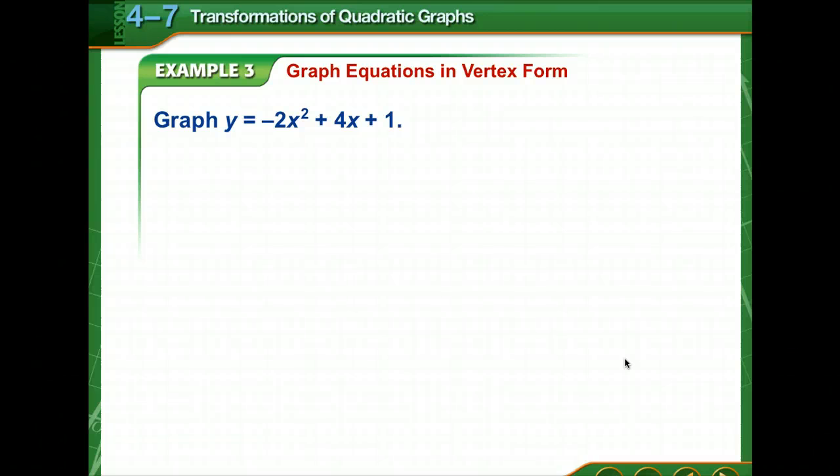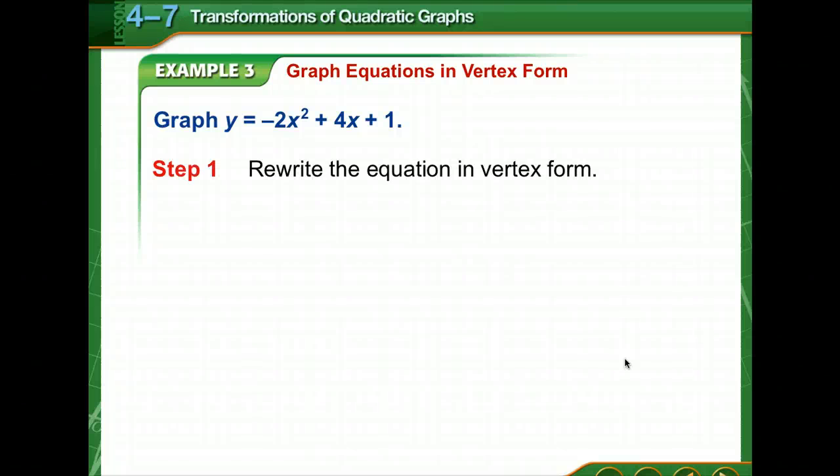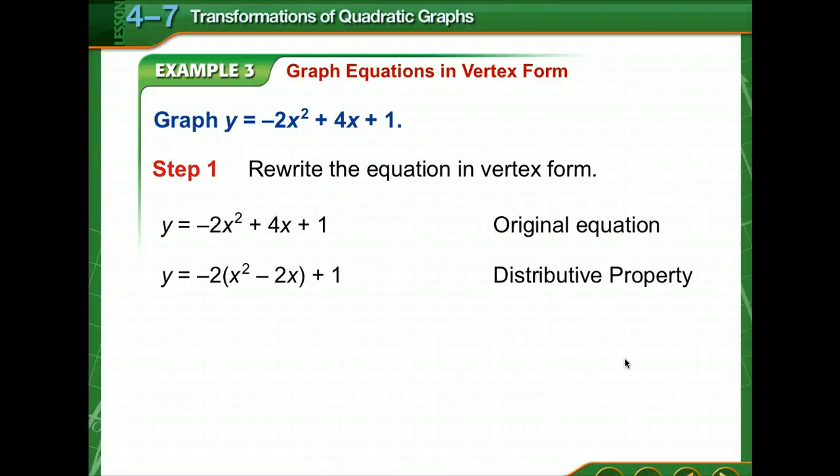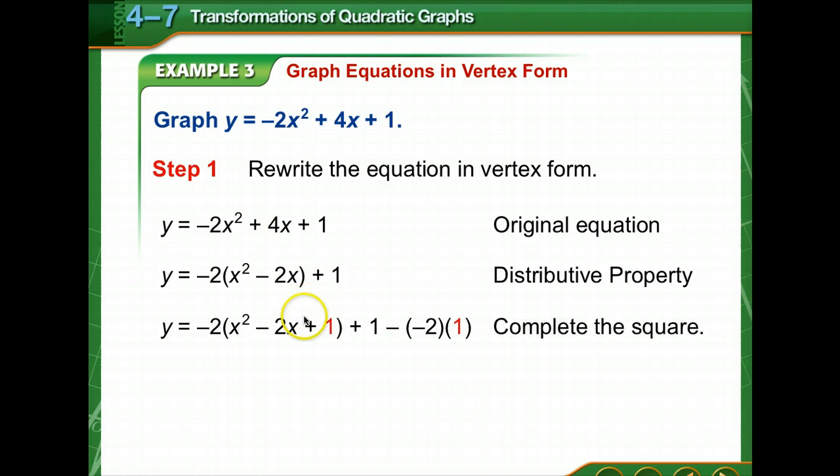So we're asked to graph equations in vertex form. So let's rewrite the equation in vertex form. First of all, a is not 1, so we're going to pull out a -2. That leaves us x squared minus 2x plus 1. Complete the square.